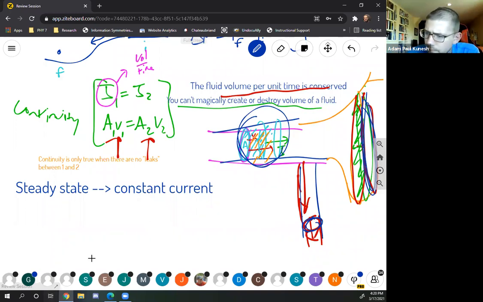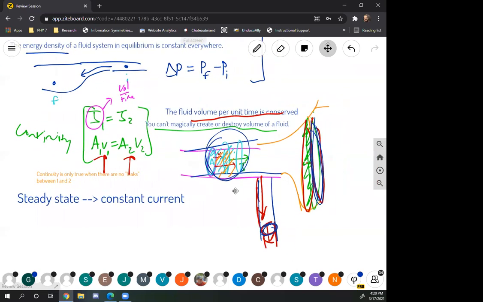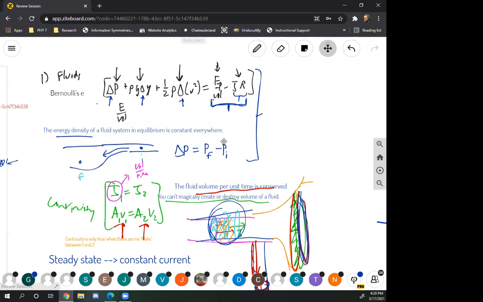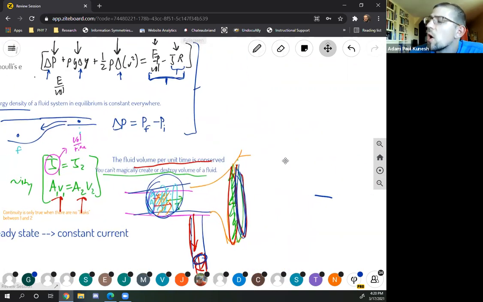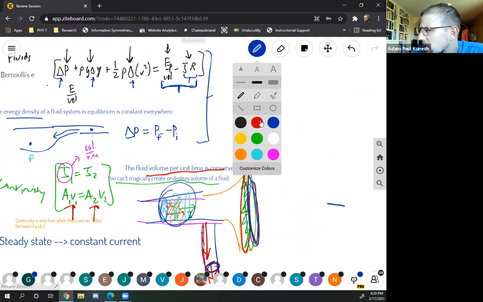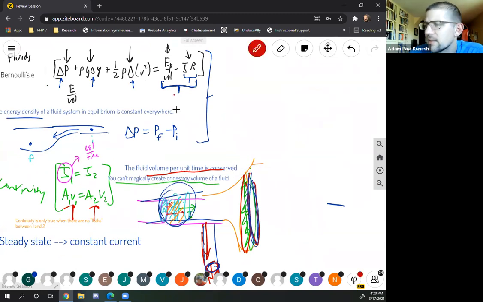Good question, thanks. Does a pump or resistance stop it from being in steady state? So no, is what I would say. A pump and a resistance don't stop it from being steady state. There's a chance that I misspoke before. If I want to get really nitty gritty, pumps and resistance make the system, in a sense, non-equilibrium, in the sense that two different points in the fluid can have different energy density.